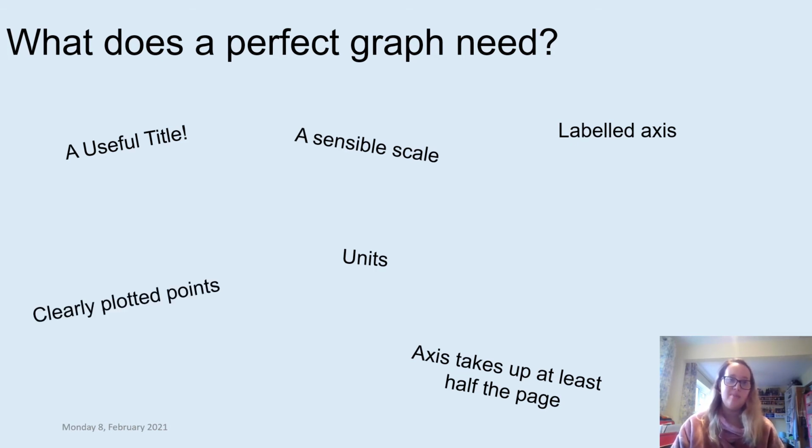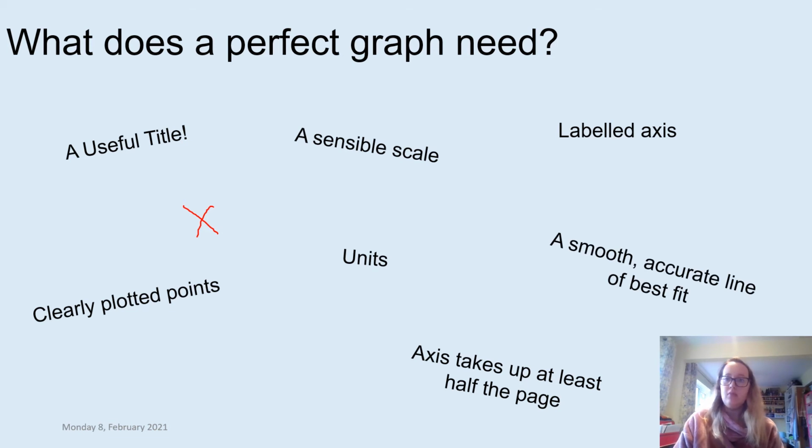You need to have clearly plotted points, so normally plot them with a cross, like so, and make sure they are as accurate as possible. You can align your points with a ruler so that you can see where you're going to plot the point. And you need to have a smooth, accurate line of best fit. Again, if that is a straight line, use a ruler. If it is not a straight line, it is a curved line, freehand it, but do it in one smooth stroke.